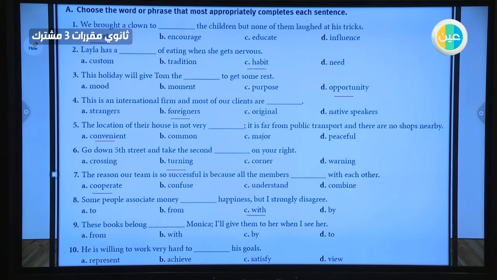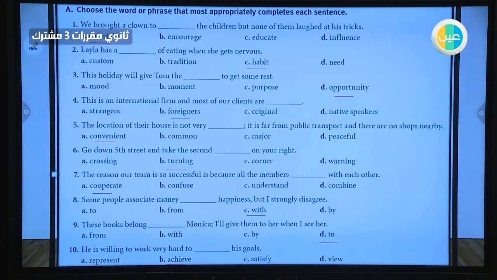With happiness. These books belong, what do we say about belong? Take what? To. Yes, to Monica. Ten: he is willing to work very hard, what is the reason? To achieve his goals. Okay?